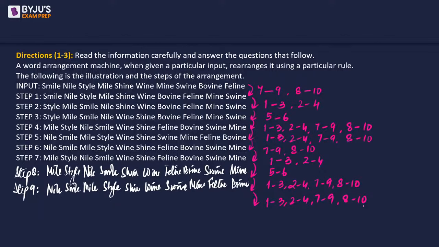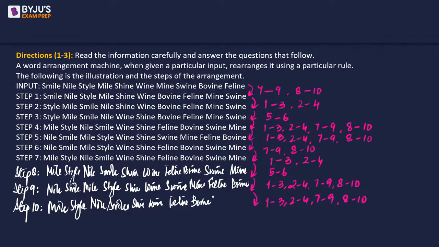This is what step 10 is going to give. So step 10 will give us 1 and 3 interchanging. So this is mile and style and Nile and smile. Shine and wine will remain as such. Then we will have feline and bovine, swine and mine.